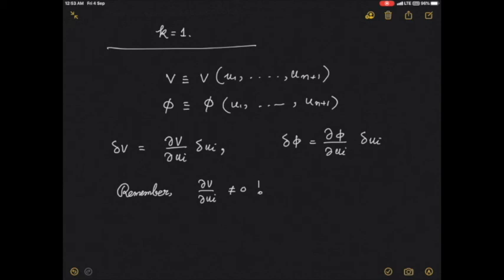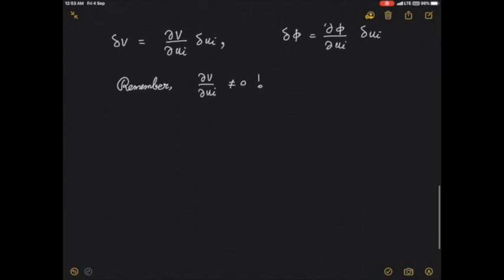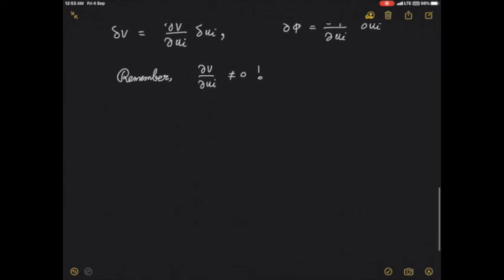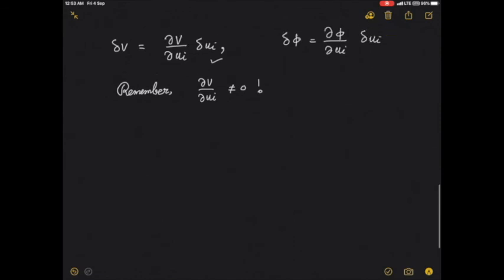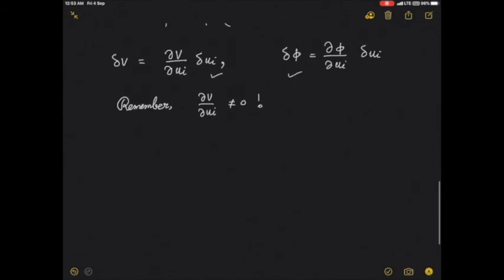So here comes the technique of Lagrange. So what he said is the following. He said, okay, so this is equal to 0 and this is equal to 0.